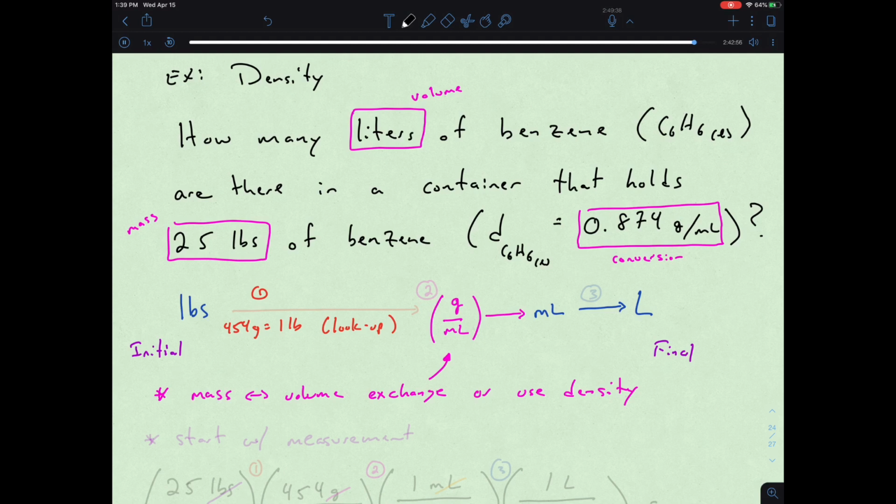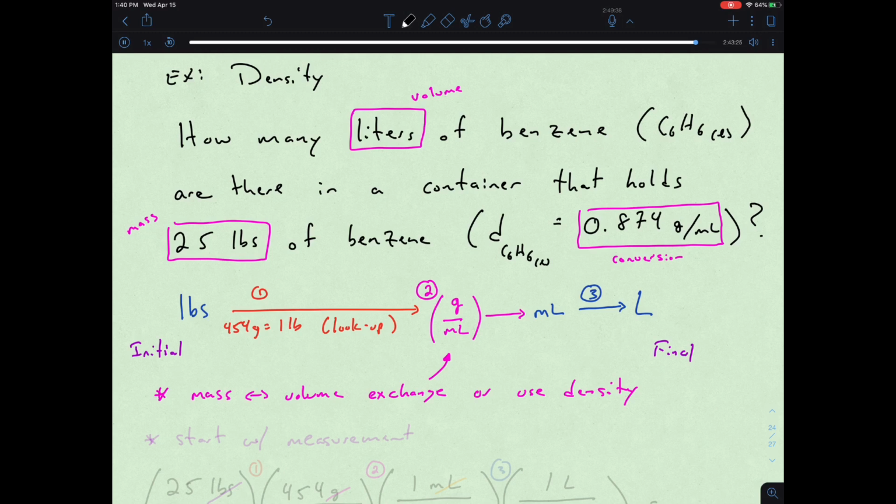And so that's allowing us to get to that gram per mil conversion, which would be really step 2. And then once we're at that conversion, we can go finally to our answer with step 3. So going all the way to finally liters.